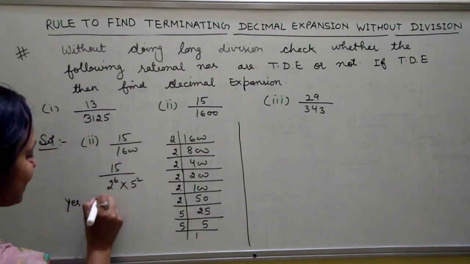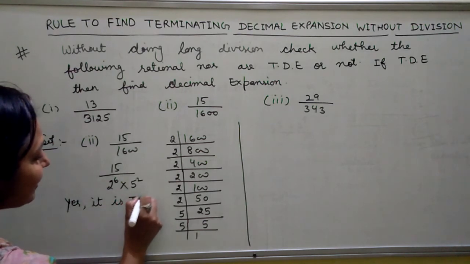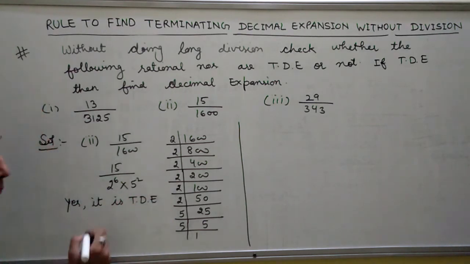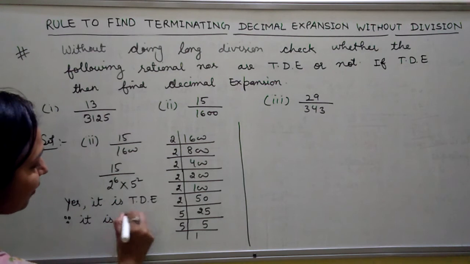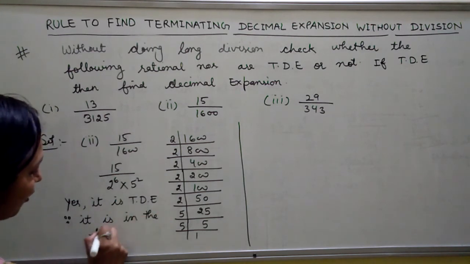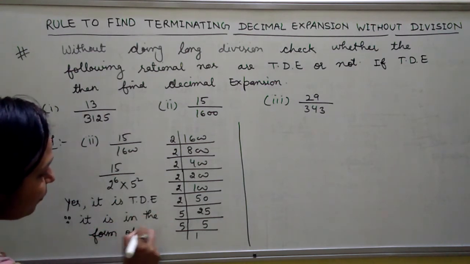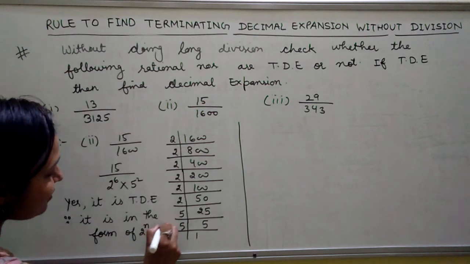Yes, it is a terminating decimal expansion, because in mathematics it is in the form of 2 raised to power n into 5 raised to power m.